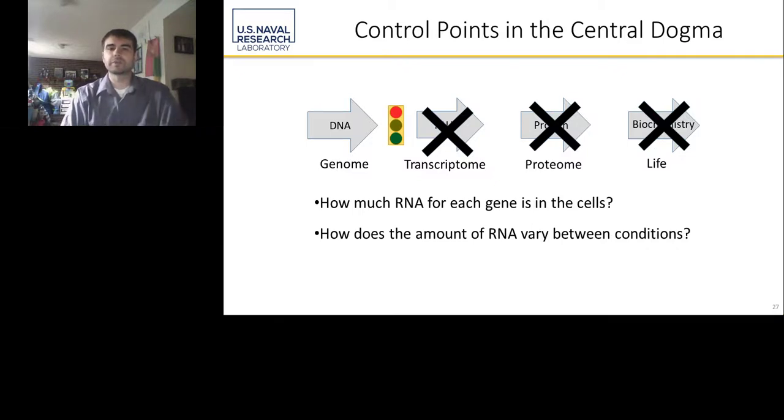So we look at the formation of the mRNA that would then be used to make proteins. And this lets us look at which genes are being used, because we can look at how much of each specific RNA is present within the cell. And then we can look at how the level or the amount of RNA for each gene changes depending on what growth conditions we're using.